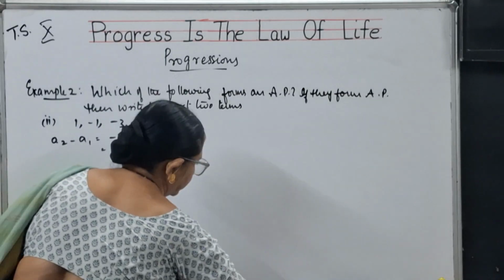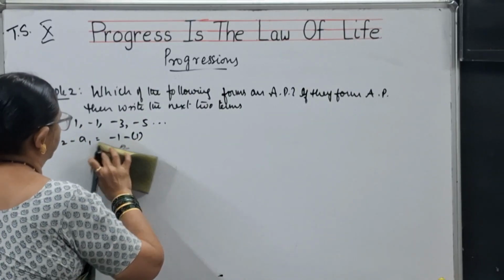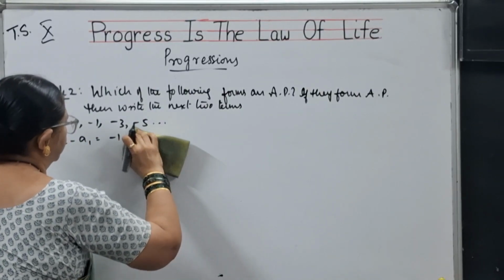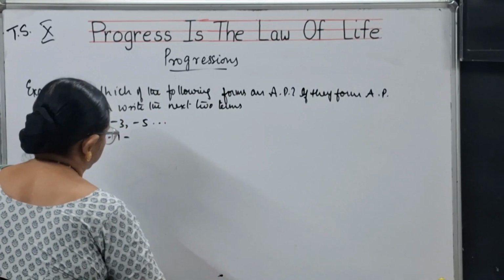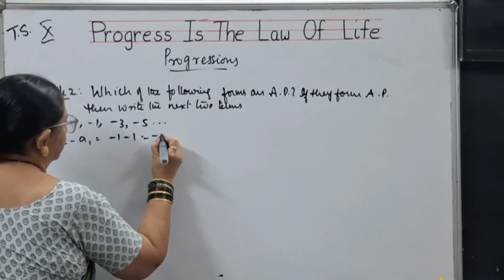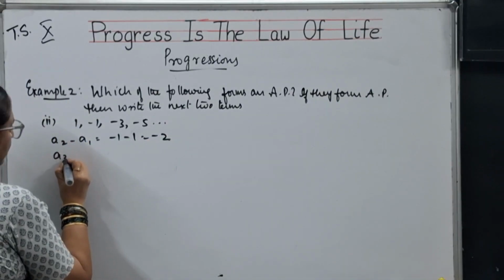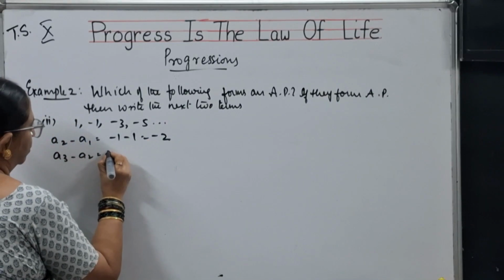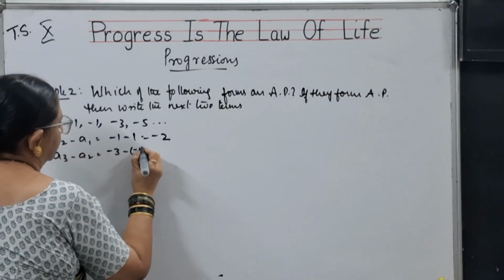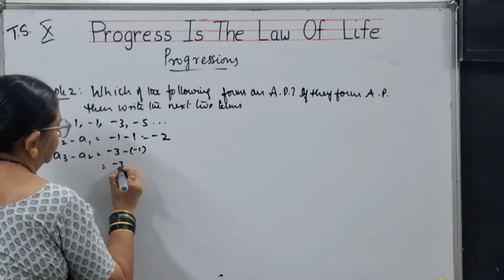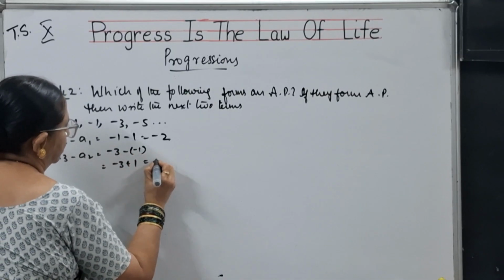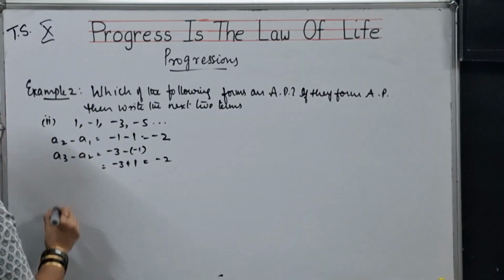Okay, let me write it here only. A2 minus A1, minus 1 minus 1, that is equal to minus 2. A3 minus A2. Minus 3 minus of minus 1, that is minus 3 plus 1, that is minus 2.